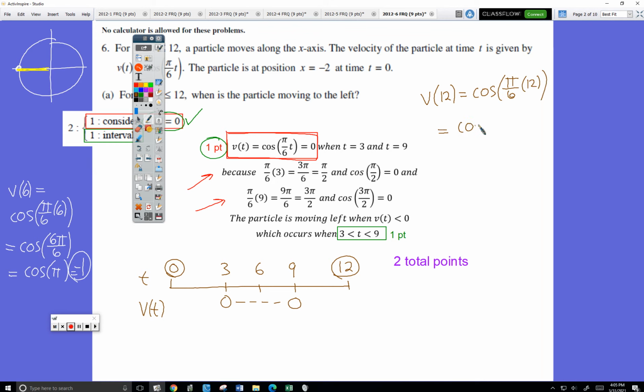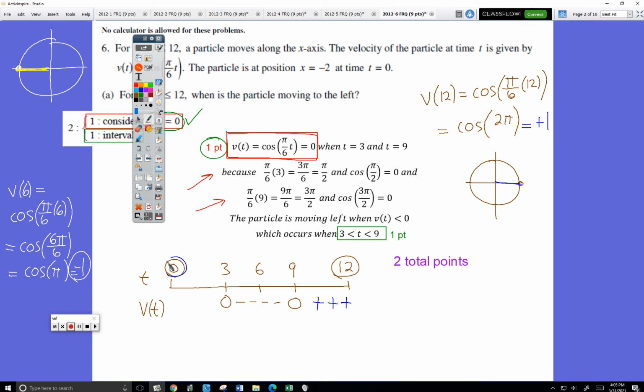So this is cosine of 2 pi, since 12 divided by 6 is 2. An angle of 2 pi is right here. Because cosine is the across, I would be going across to the right by 1. That's a +1. Hence, all these are positive.